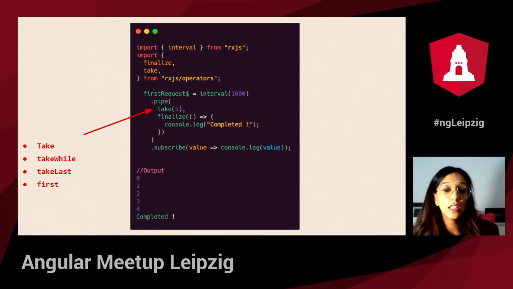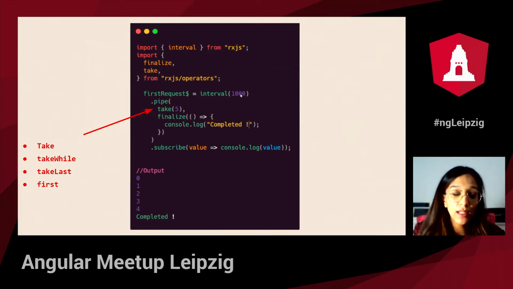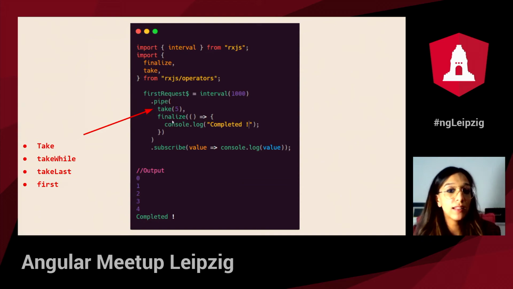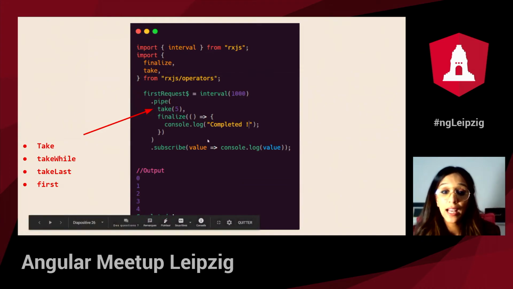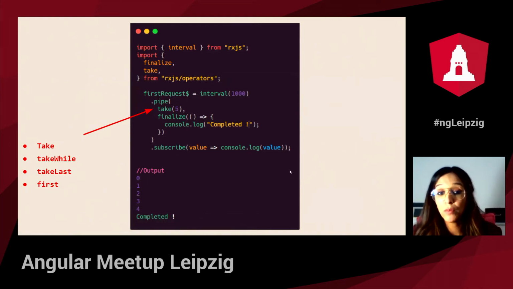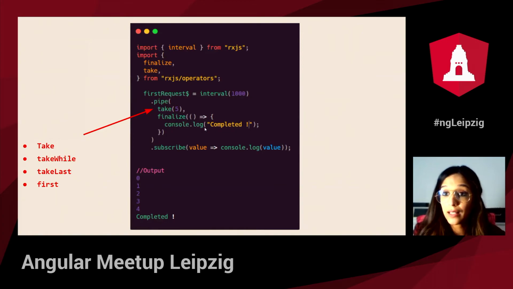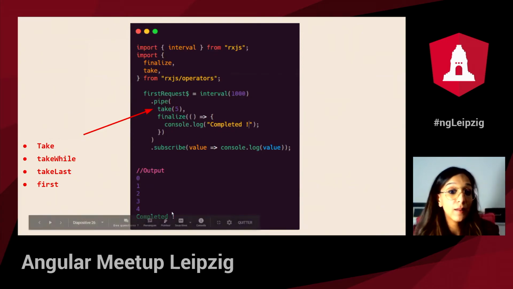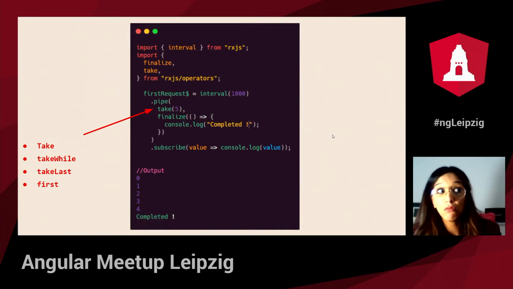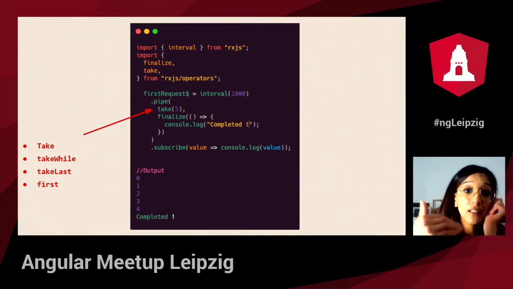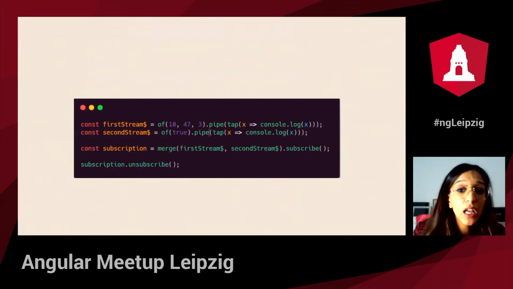In this example, we have a value emitted every 1 second, and we will only take 5 values. As you see, this is the output, and then we complete. The subscription will be completed, as you can see here in the finalize, I log completed, and it's the case. So you can use an RxJS operator that handles the subscription for you.